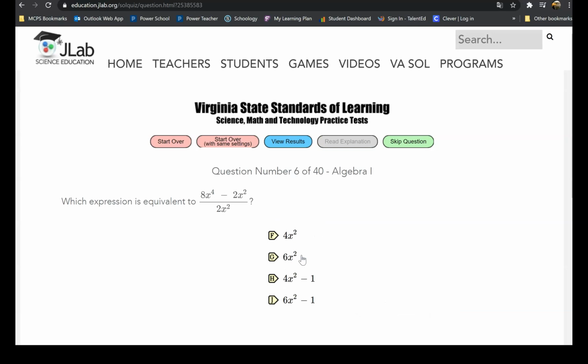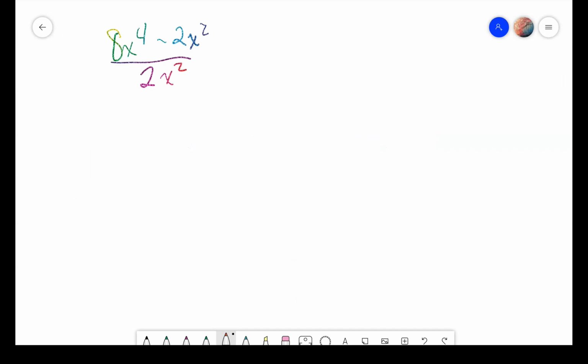Which expression is equivalent to 8x^4 minus 2x squared over 2x squared? My goodness. That means we need to copy this down onto our whiteboard. Alright, so I wrote our problem down.